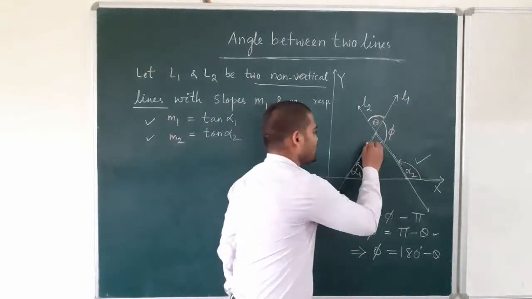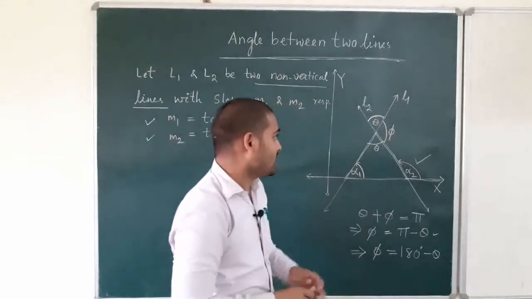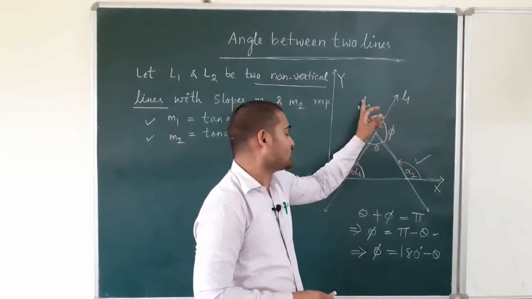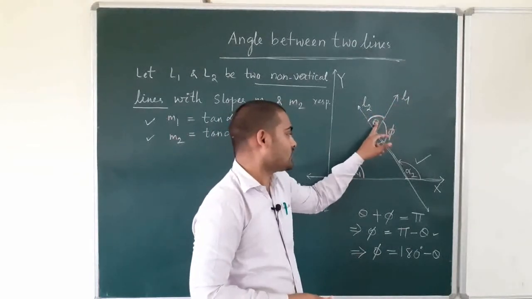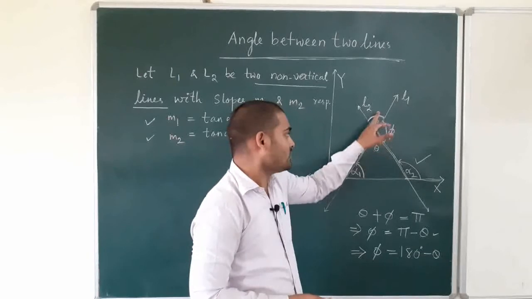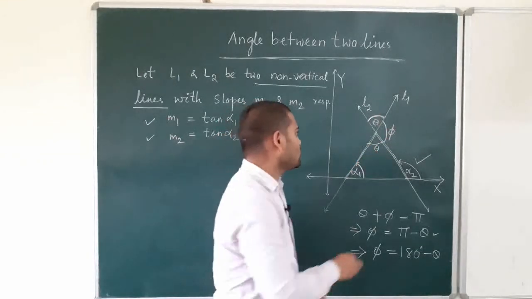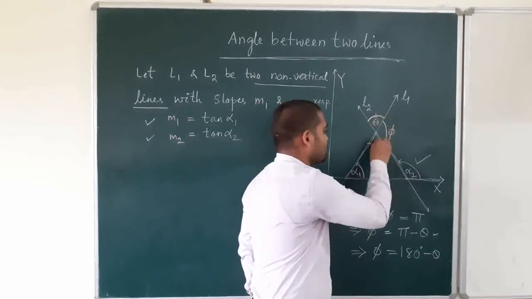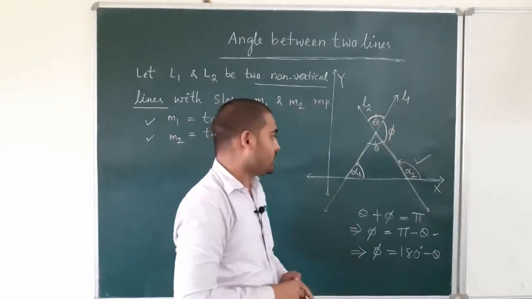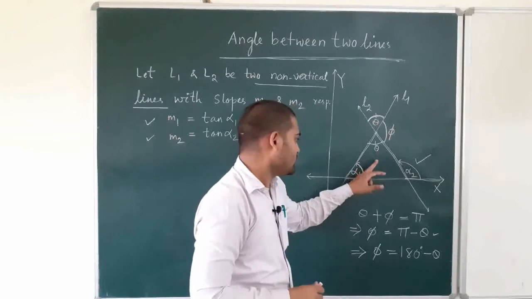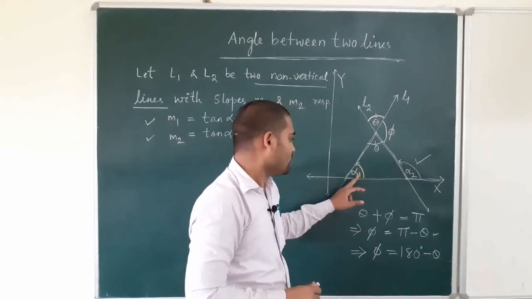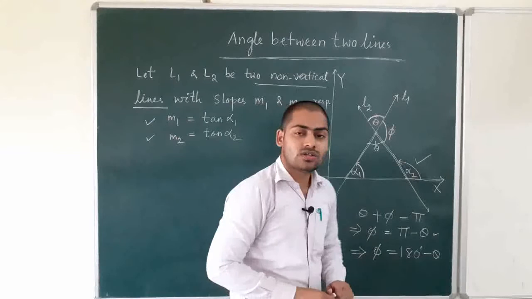Why theta? The angle between L1 and L2, this angle is theta, and they are vertical angles, so this angle is equal to this angle. So theta plus alpha 1 is equal to alpha 2.